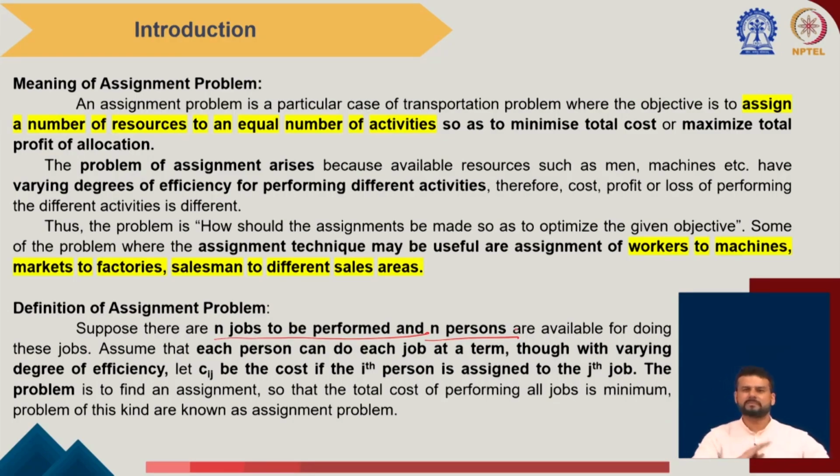Similar is the case with machines. If I assign this job to this machine, what will be the total cost? If I assign this particular factory to this particular market, what will be the overall cost of serving those markets from those factories? The very basic assumption here is that the per unit cost is known to us.